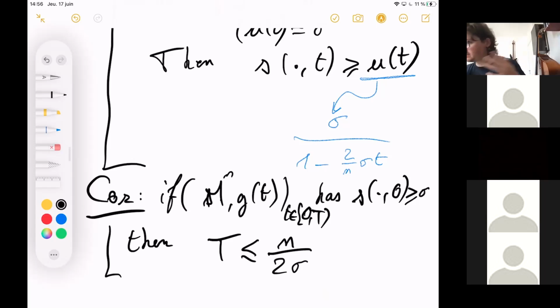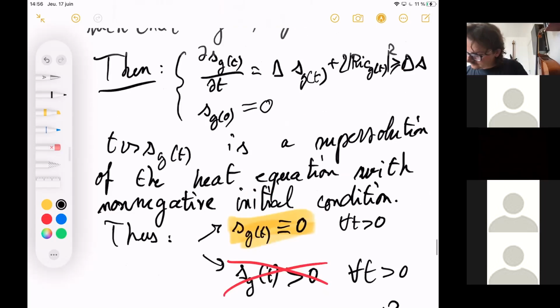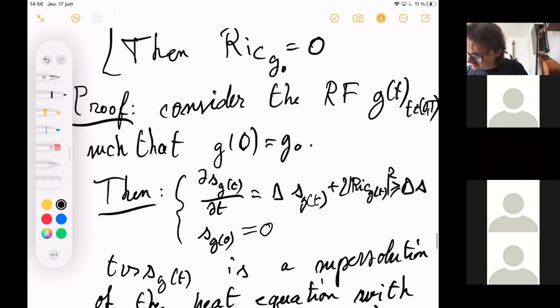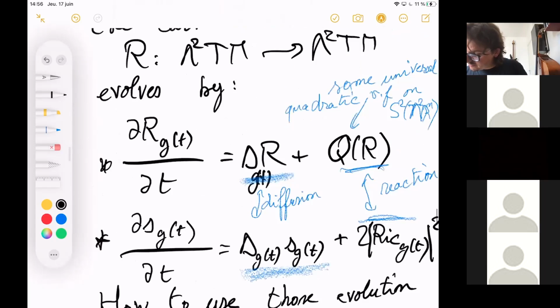Okay, so far we have only used our evolution equation for the scalar curvature, and in the last half an hour I will try to show an example of how you can take advantage of this system.